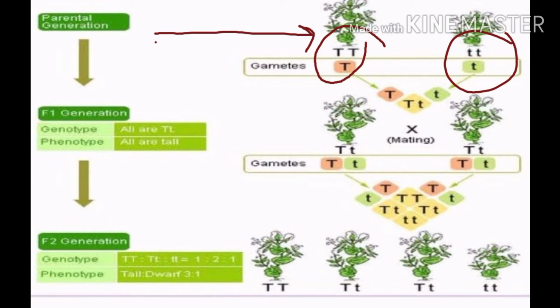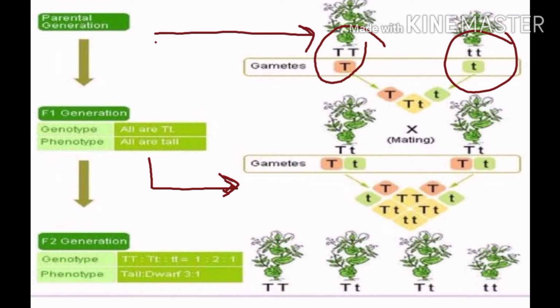So we may wonder, where did the other trait of the short plant go? Mendel performed self pollination of plants of the F1 generation. And what did he observe in the next generation? Mendel noticed that the offspring produced in the next generation, that is called the F2 generation or second filial generation, were of both types, that is tall and short.